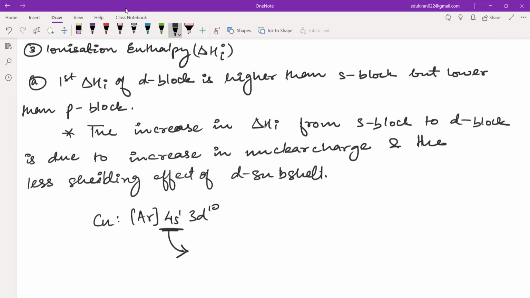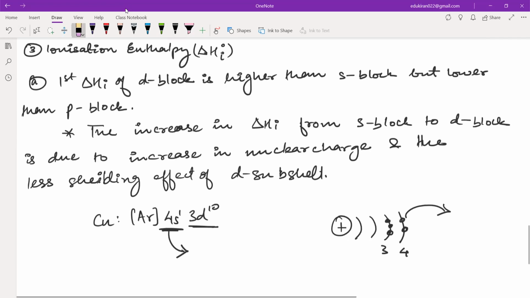Before the 4s, we have the 3d, which is inside. We have written this 4s and 3d in terms of their energy. But when I look at the atom, 1, 2, 3, and then 4. So the 4s electrons are here and the d electrons are here, in the third shell. So we are going to remove the electron from the fourth shell. Inside that we have the 3d electrons, and these 3d electrons have lower shielding than that of S and P.